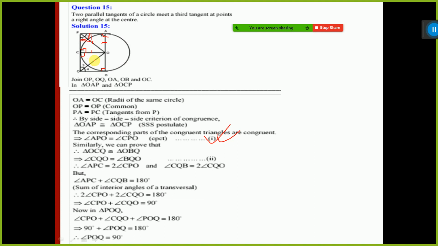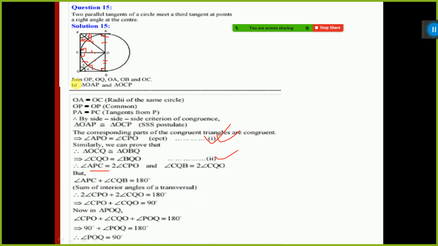This is common, this side equal to this side. That means these two triangles also are congruent. That means this angle equal to this angle. Given 3, 4. Here name given 1, 2, here 3, 4. So 1 and 2 equal, 3 and 4 equal. Here it is written.